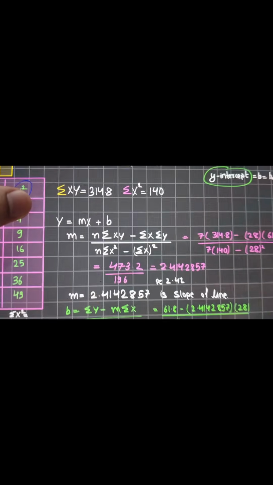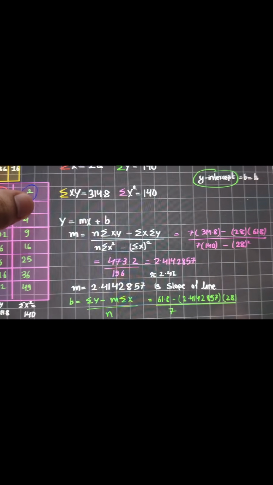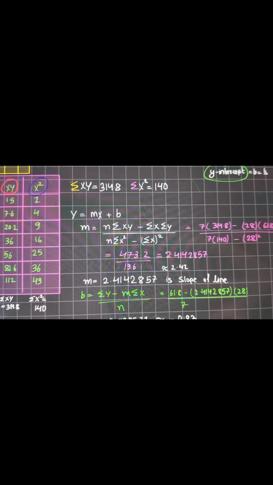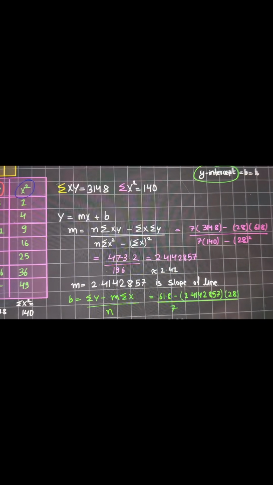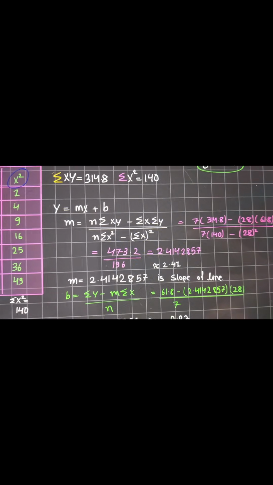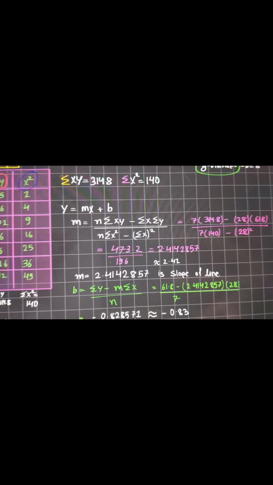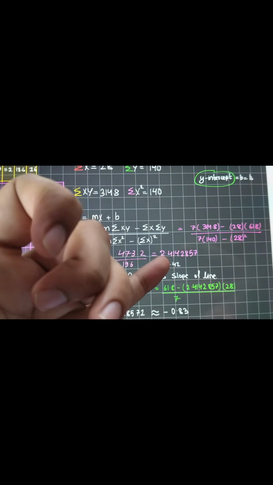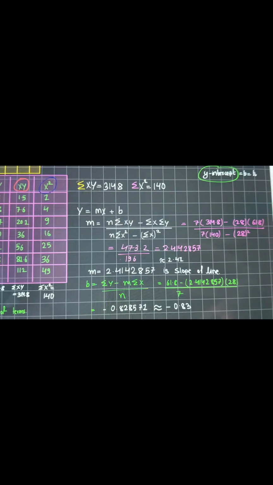Here I have used a different formula, y equals mx plus b, which is similar to y equals mx plus c. For the slope formula you can see n times summation xy minus summation x into summation y. Here you can look at the formula, and we get the value of slope m nearly 2.41, right?